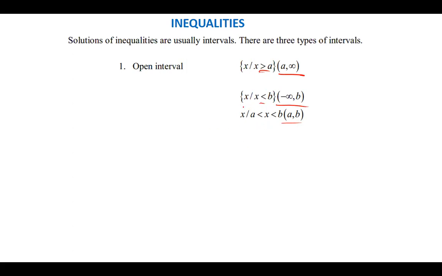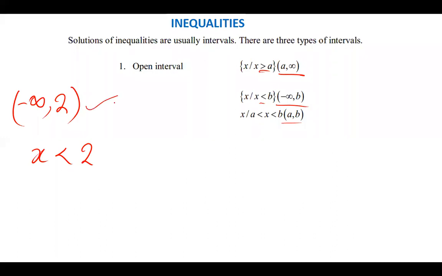If we have, for instance, numbers from negative infinity up to 2, with open brackets on both ends, this implies that we are talking about numbers that are less than 2. So x is less than 2.